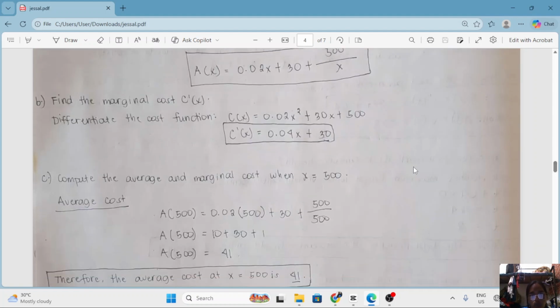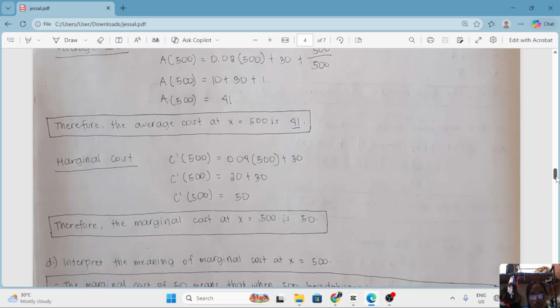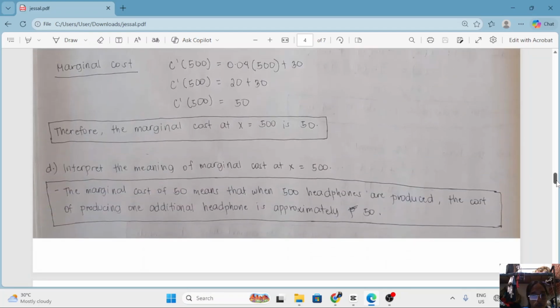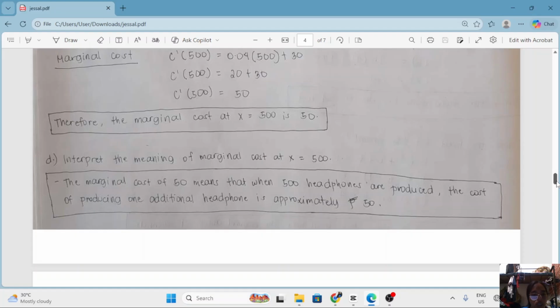We just need to input the 500. Alright, letter D, interpret the meaning of marginal cost at x equals 500. Our answer: the marginal cost of 50 means that when 500 headphones are produced, the cost of producing one additional headphone is approximately 50 pesos.